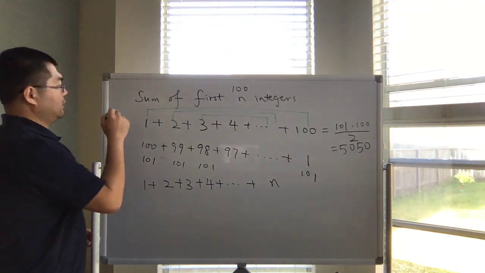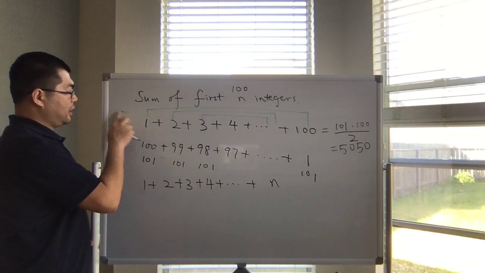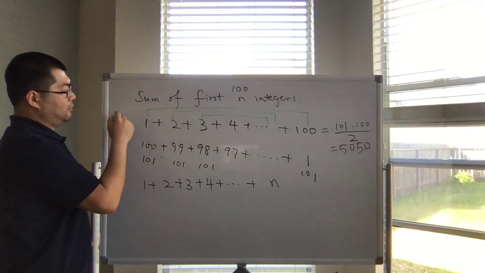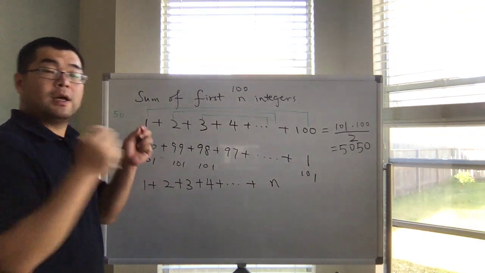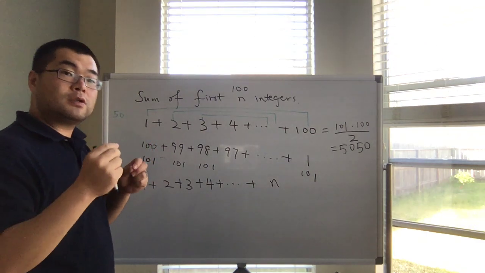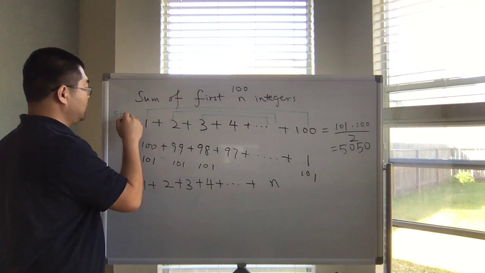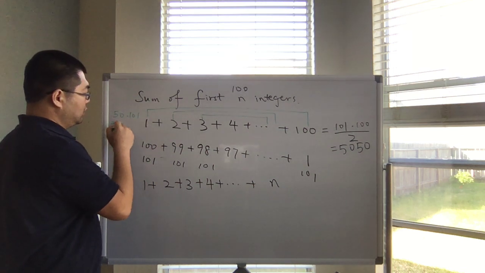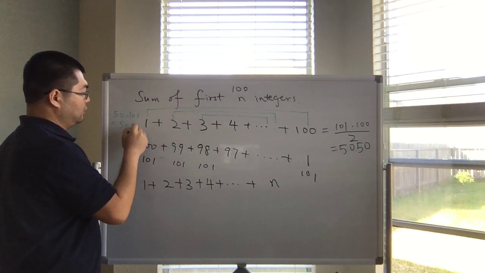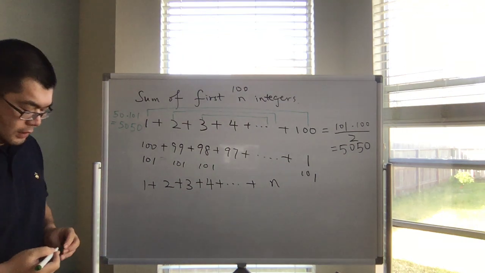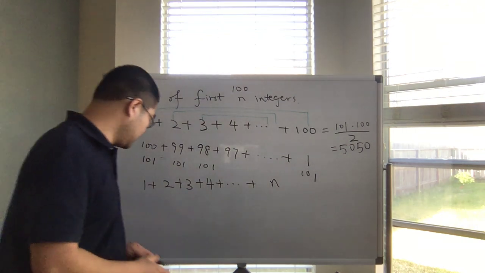And you can think about this: you actually gonna have 50 pairs, right? 50 pairs. And the summation of each pair is 101. So it's 50 times 101. It also gives you 5050. Okay, so that's the way to do the interpretation.